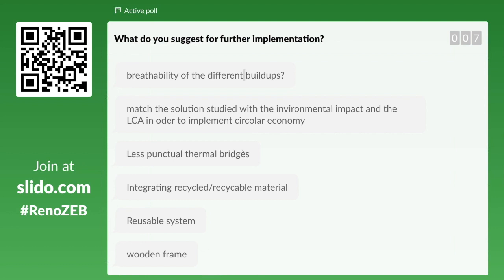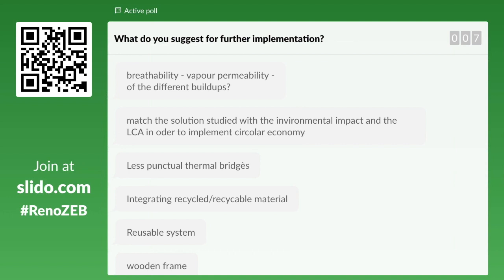Okay, however, let's consider that the utilization of the membrane guarantees a full breathability of the solution. And in the tests that we conducted, we demonstrated this also. Let's say that we have a membrane on the inside layer that is a vapor barrier, but guarantees breathability on the other side, because there are different types of membrane on the two sides.